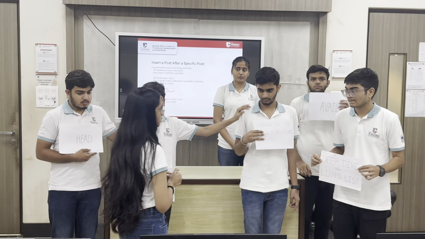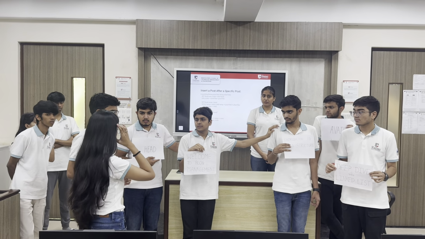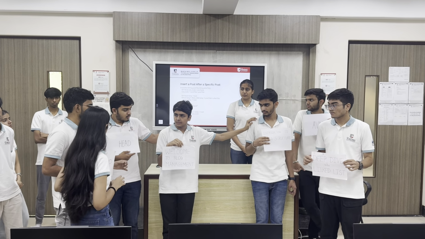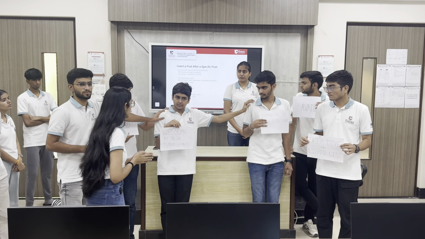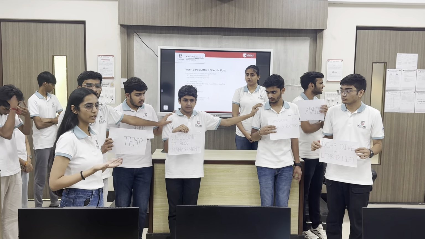For doing this, we will assign a new temporary pointer temp, and we will initially make temp equal to head. So, as we can see, temp is already pointing to the node after which we have to insert.